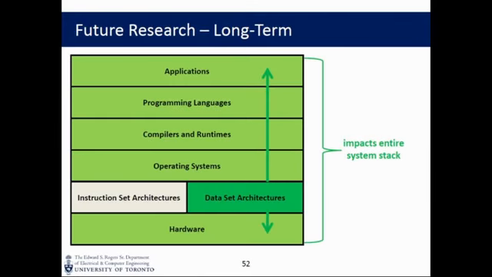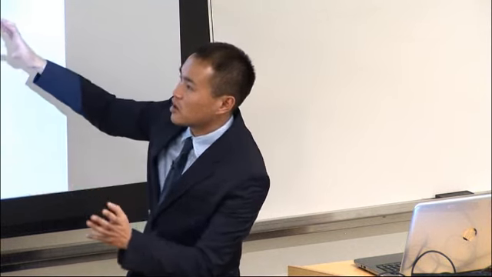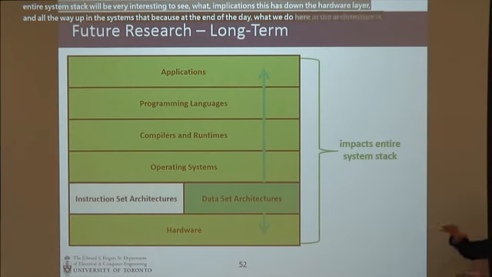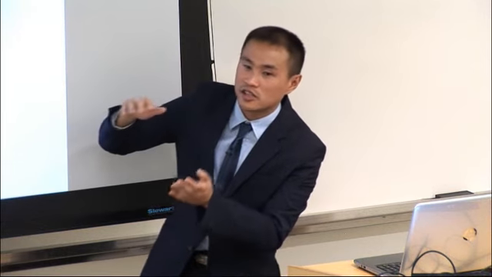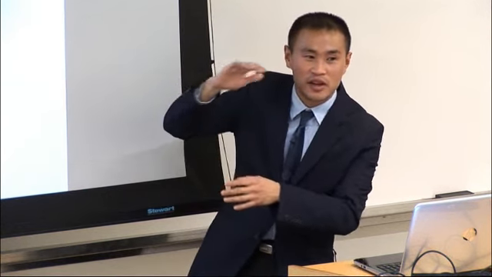It'll be very interesting to see what implications this has down in the hardware layer and all the way up in the system stack. Because at the end of the day, what we do here in the architecture is provide this digital layer that, for whatever reason, sits on top of an analog physical layer and below an analog user layer. So then, can we address these fundamental inefficiencies that arise from this?